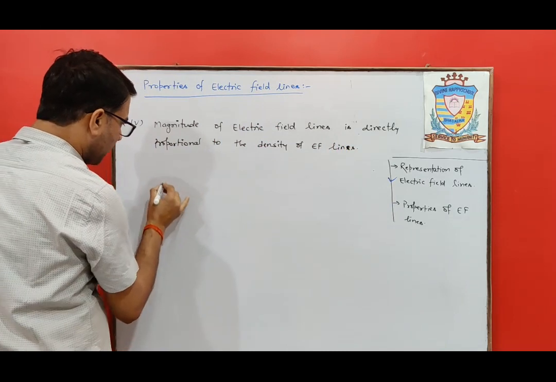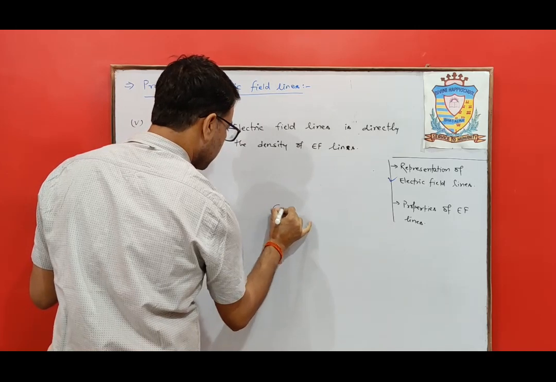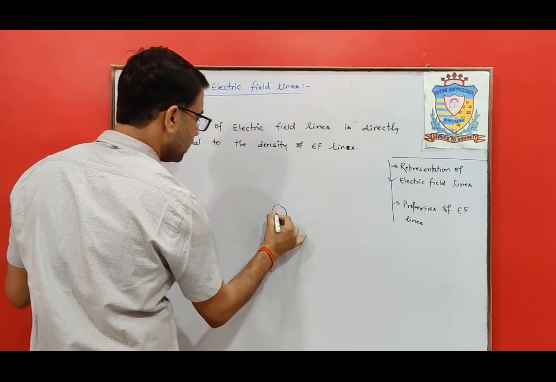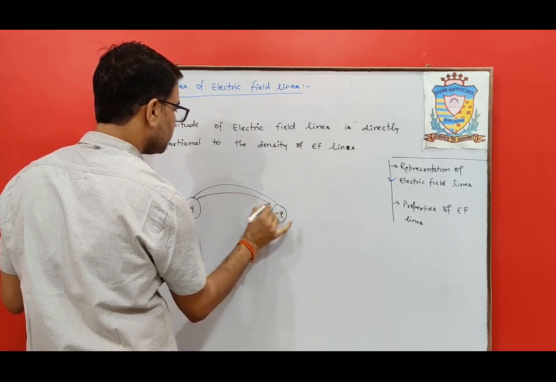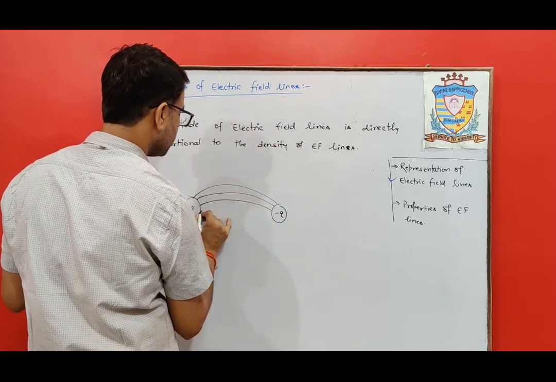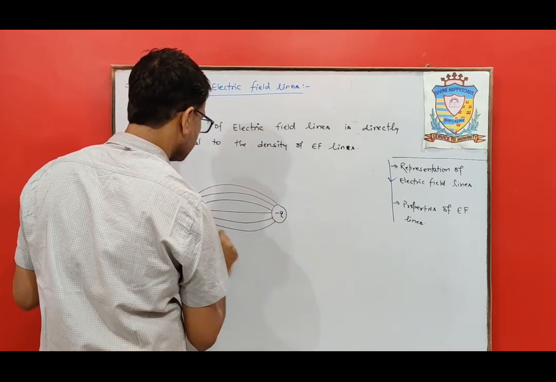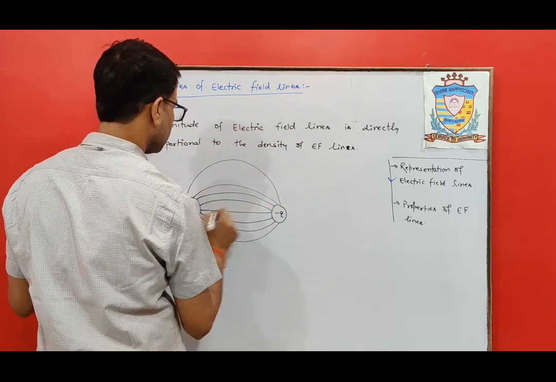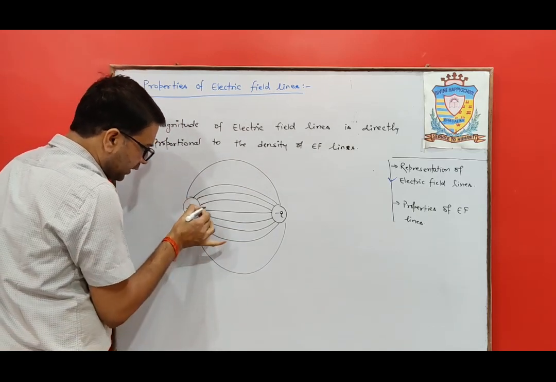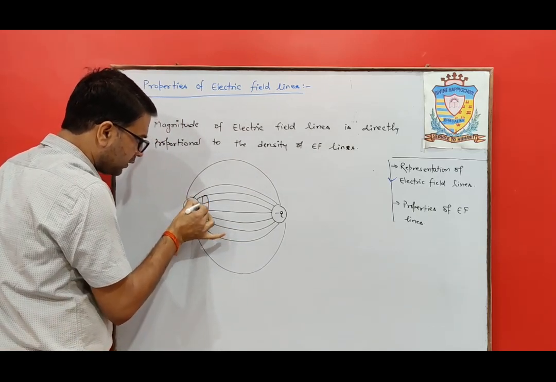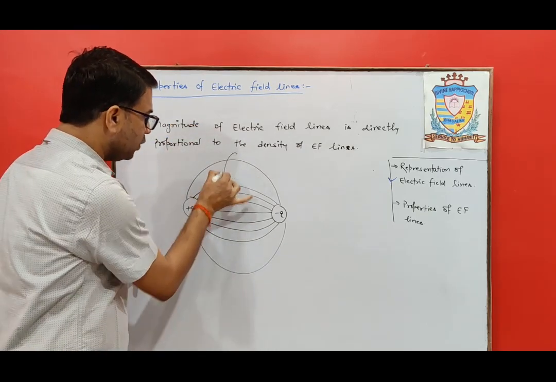Suppose here we have a positive charge plus Q and here a negative charge minus Q. At this point, the density of electric field lines is more as compared to this point.